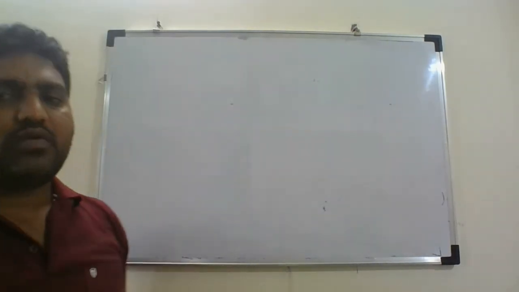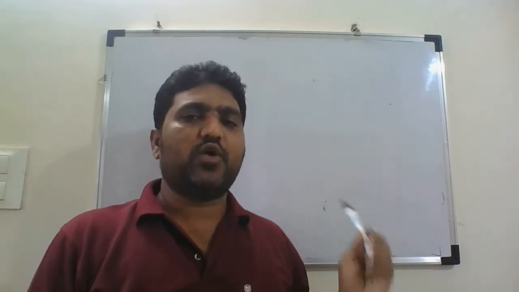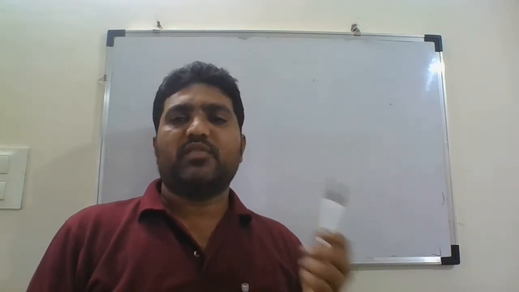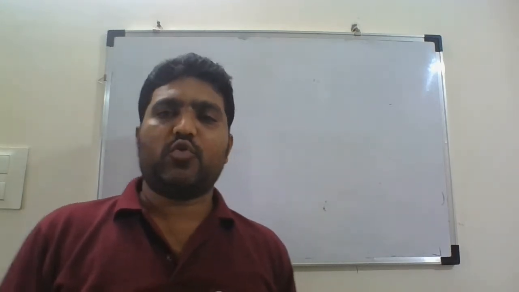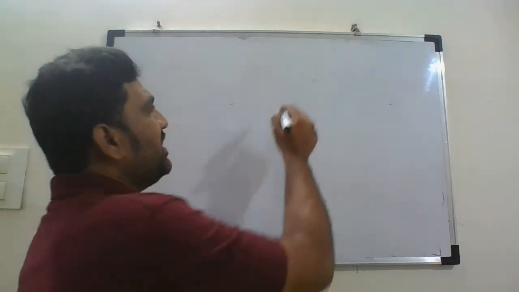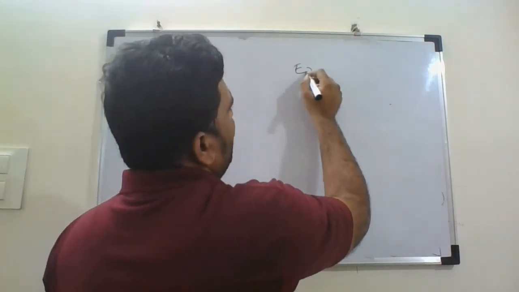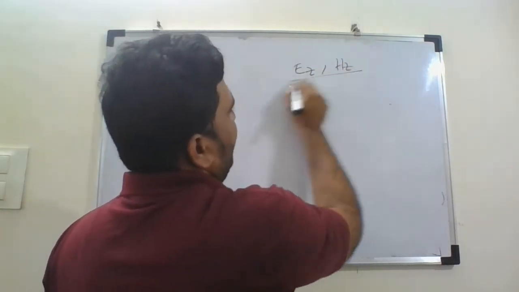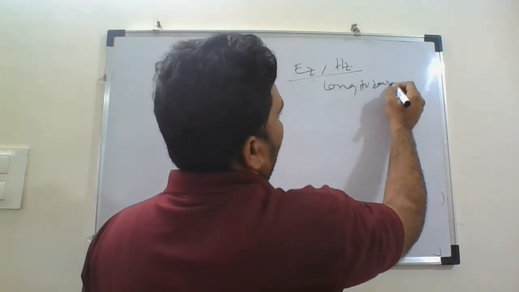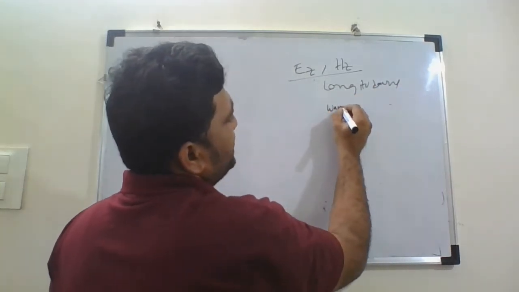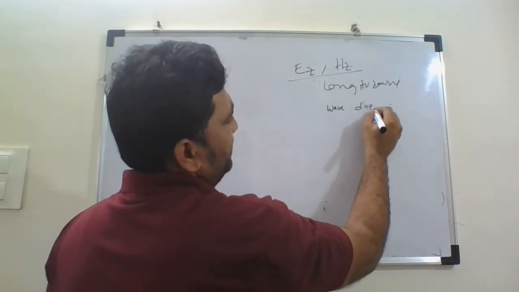Whenever we want to find the expressions for the field components inside a waveguide, the general approach we follow is to first determine the components Ez and Hz, which are called the longitudinal components, the components in the wave direction.